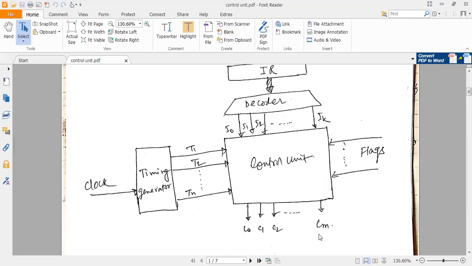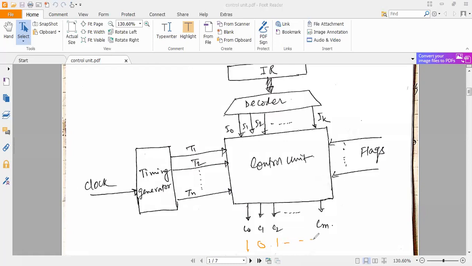According to that, these are called control signals. These control signals are generated: C0, C1, C2, up to Cn. After execution, we have control signals C0, C1, C2, Cm. Each may be 1, may be 0, may be 1.